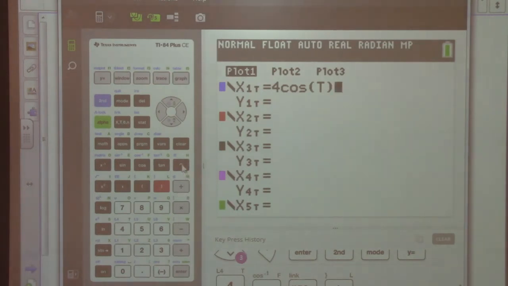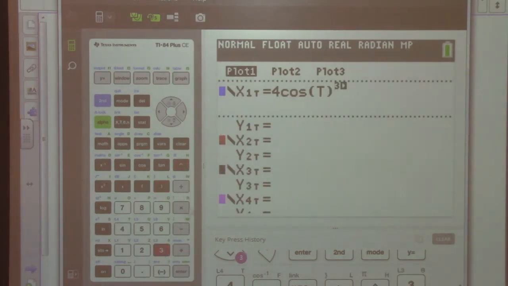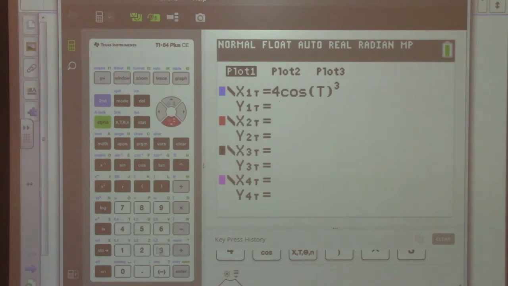Then we go to the third power. In this notation, when they put the third here, what that means is the whole thing cubed. And then the other one, if I'm not mistaken, was 2 sine 2t, wasn't it?